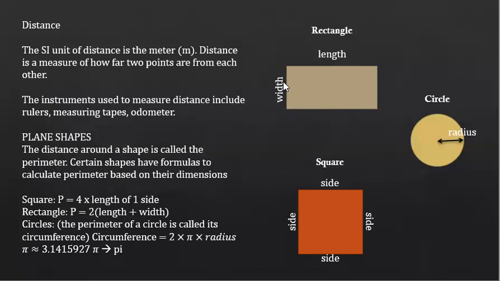The reason we have it this way: let's say this rectangle represented a park, and we were walking in the park.